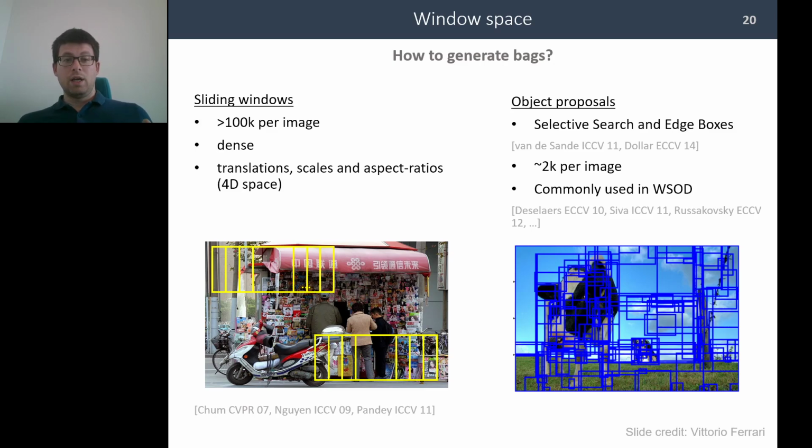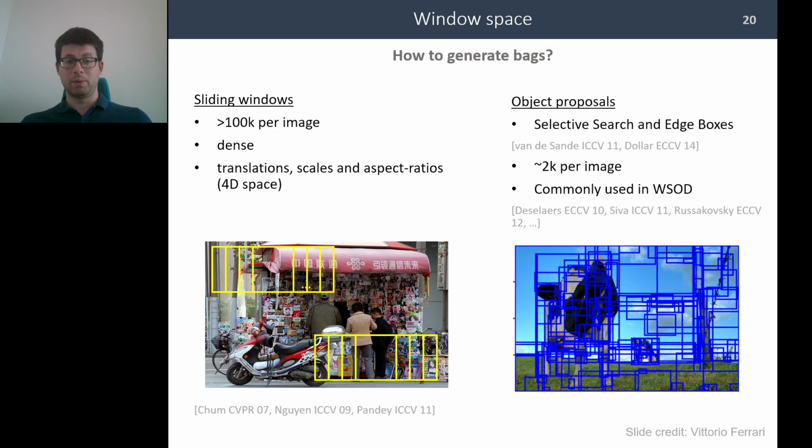Okay, so another way of doing this is smarter, using object proposals. These are typically methods like selective search, windows, edge boxes.